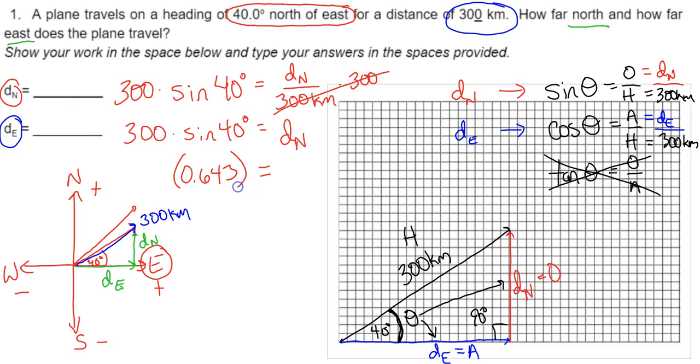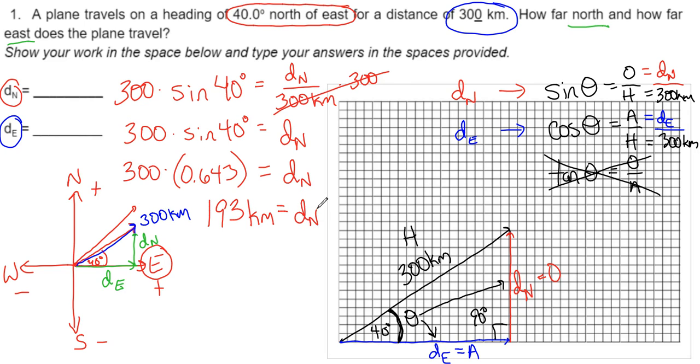The sine of 40 degrees is approximately 0.643. And then if I multiply that by 300, I get approximately 193 kilometers for my distance north.